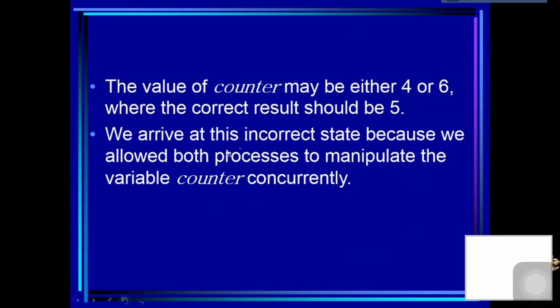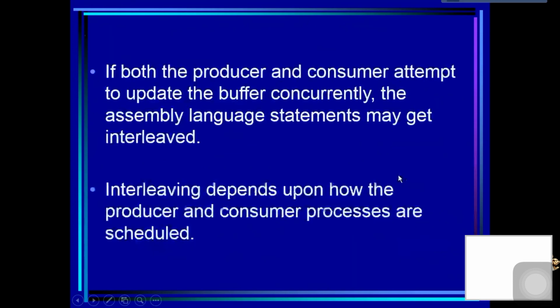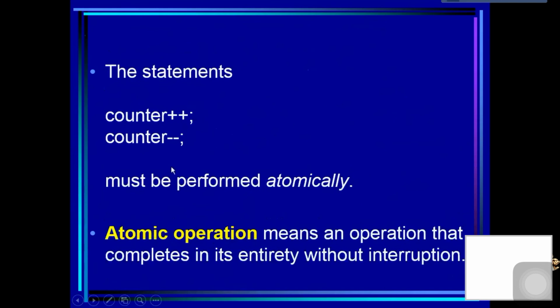We arrive at this incorrect state because we allow both processes to manipulate the variable counter concurrently, because we allow the producer and consumer processes to assign counter interleaved. Actually, just now we said that these two statements must be performed atomically.